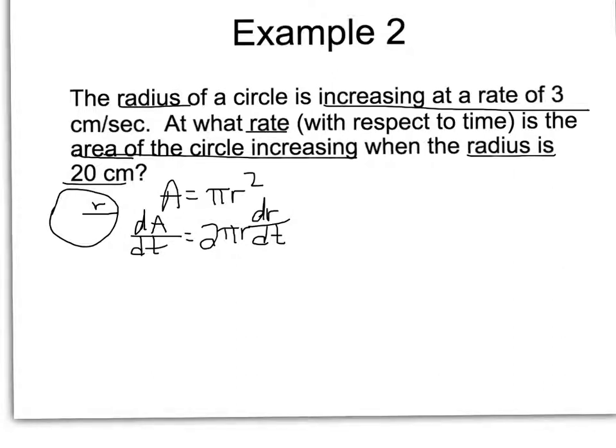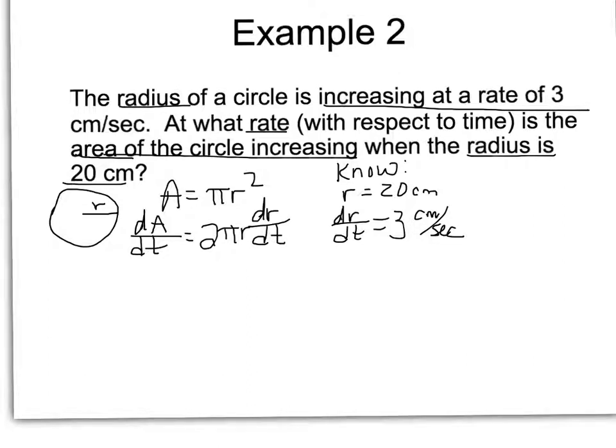What are the pieces of information that I know? I know the radius is 20, and it says the radius is increasing at a rate of 3 centimeters per second, so I know that dr/dt is 3.